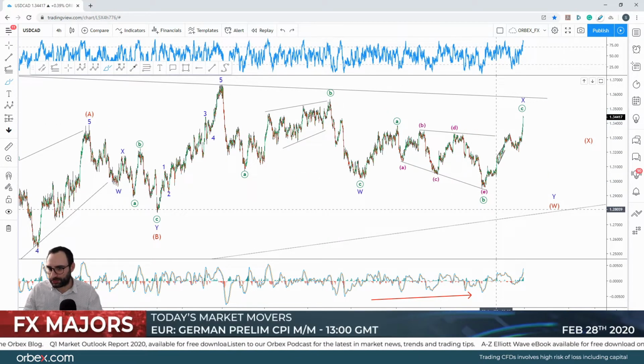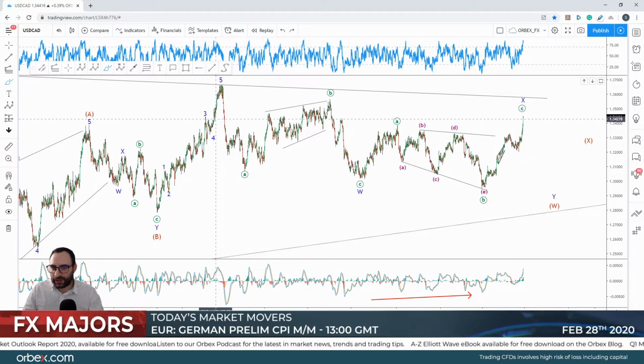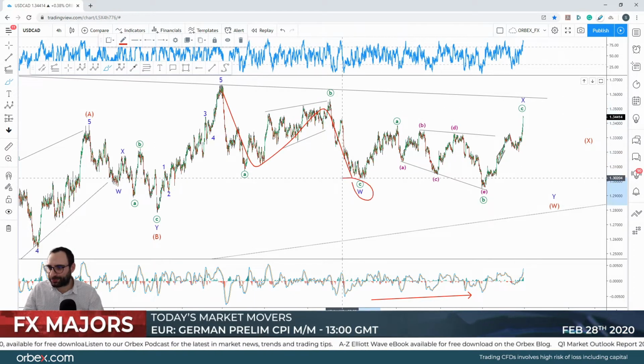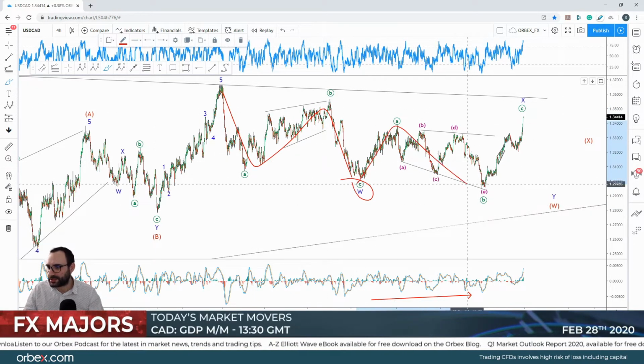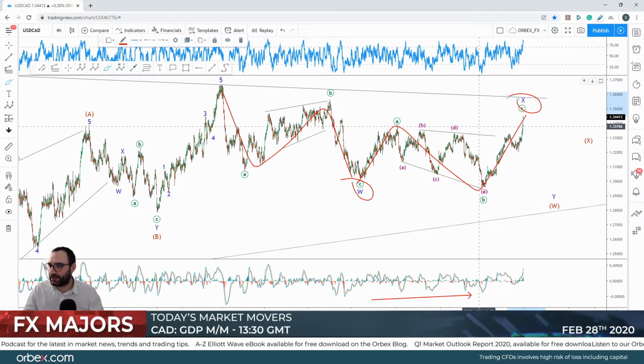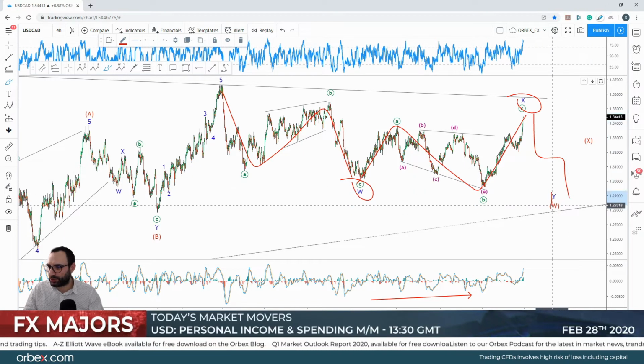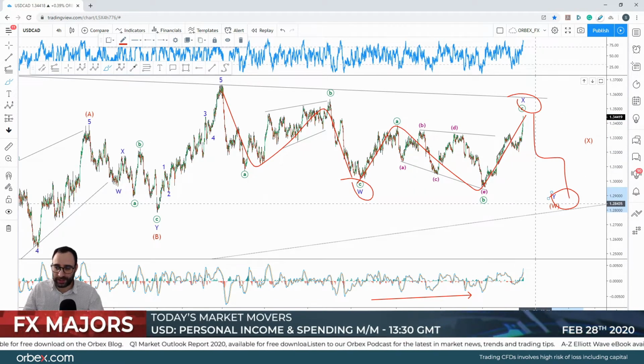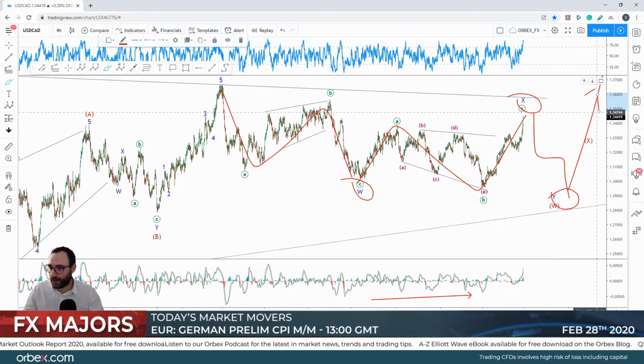Now I don't. What I do now is I see this as an ABC. Okay, that's a W, of course, and then I see this as an A, B, and a C again. And of course, we're going to get another X up here, and then that will continue down with another zigzag to complete wave W, or to complete this corrective move once and for all, and then move all the way up, right? We don't know that yet. It's too early to say.